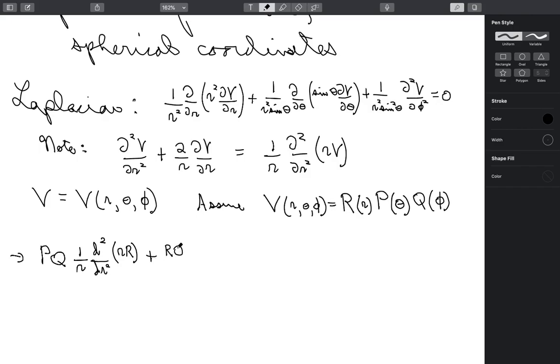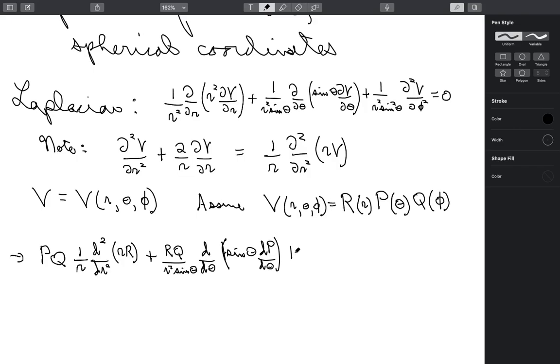It's the same thing with the other terms. Then I would get R Q divided by r squared sine theta, and a total derivative with respect to theta of sine theta dP of theta d theta, again a total derivative.